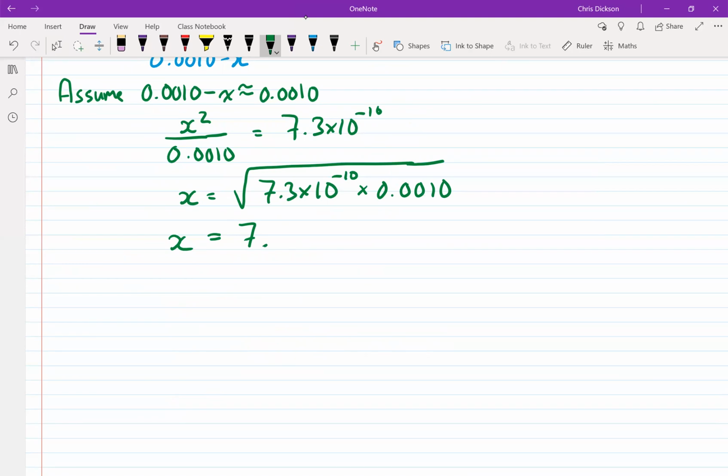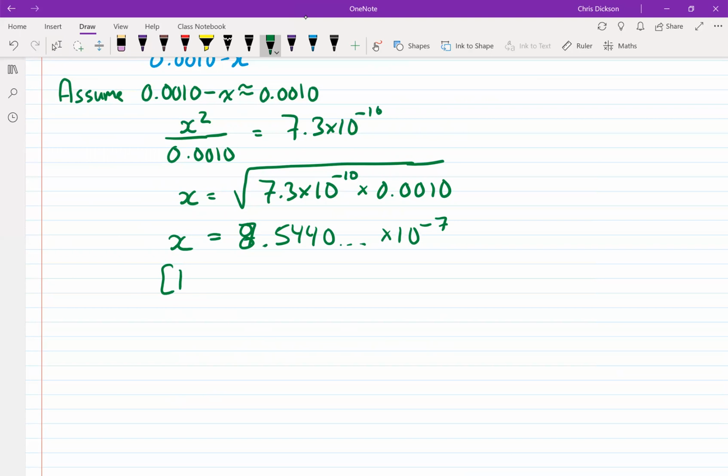Hang on. 7.3 times 10 to the minus 10 times 0.001, giving me 7.3 times 10 to the negative 13, but then I square root that number, and I get 8.5440 and so on, times 10 to the minus 7.